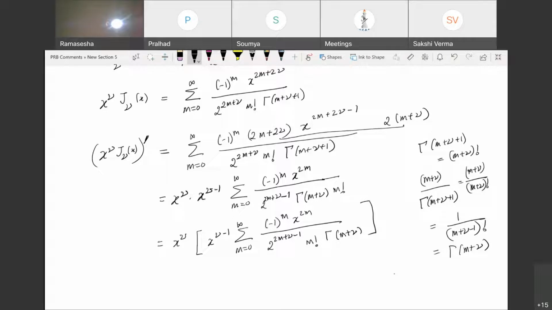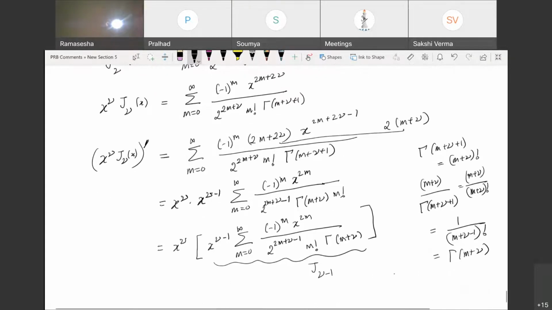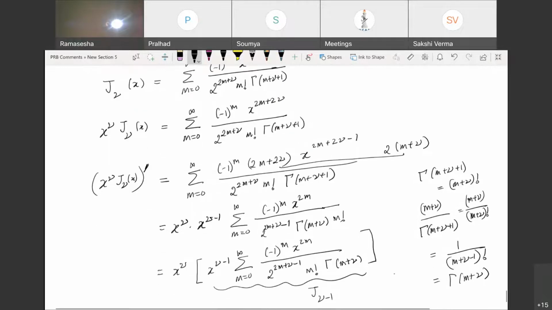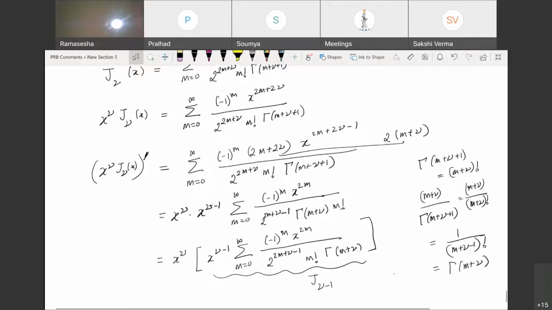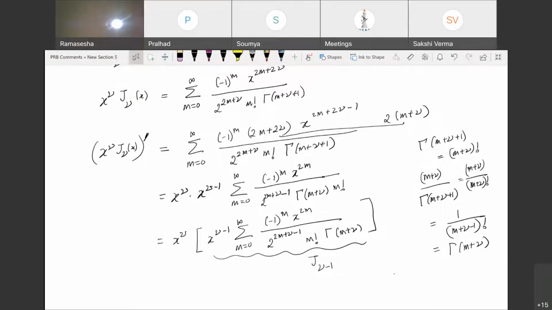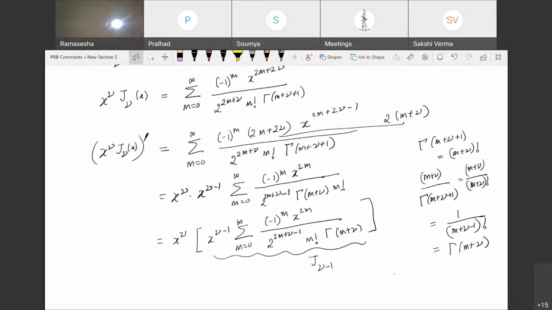So if I take a nu minus 1, all you need to do is substitute for nu equal to nu minus 1. Okay, so then this thing x to the power, times x to the power nu, 2 to the power 2m and m factorial.